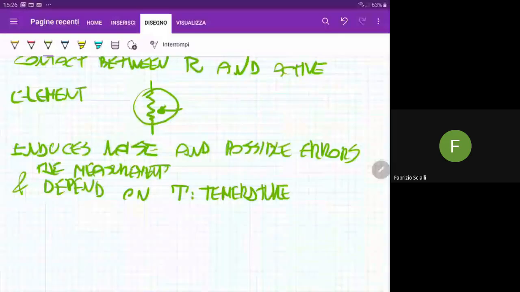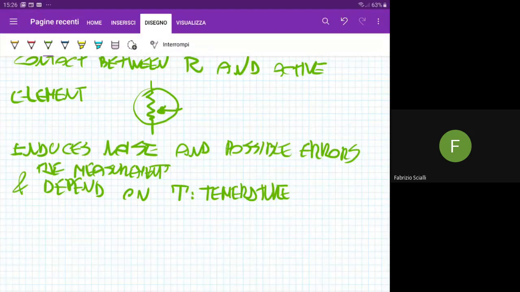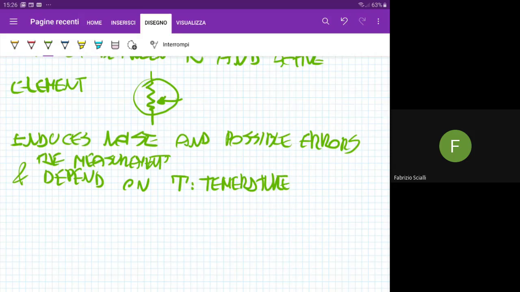So we have a large influence of the external environment because of the contact between the active element and the resistance. This contact is also introducing noise, and because this element is based on electrical resistance, there is also an important influence of operating temperature. So these items should be included in the overall sensitivity.